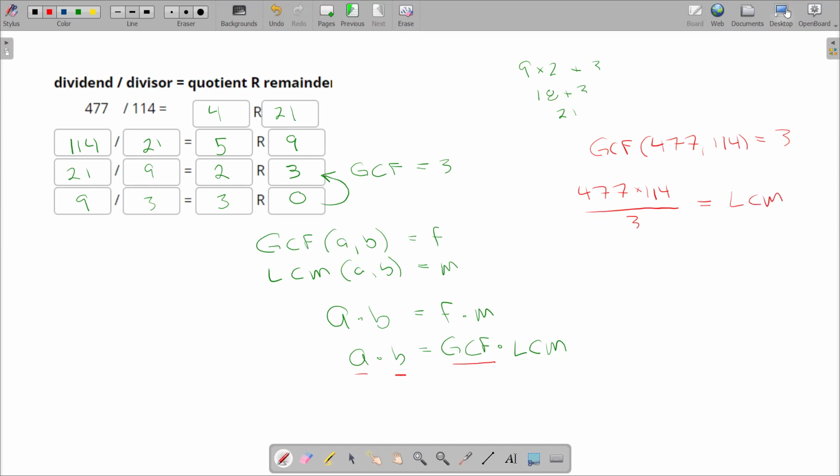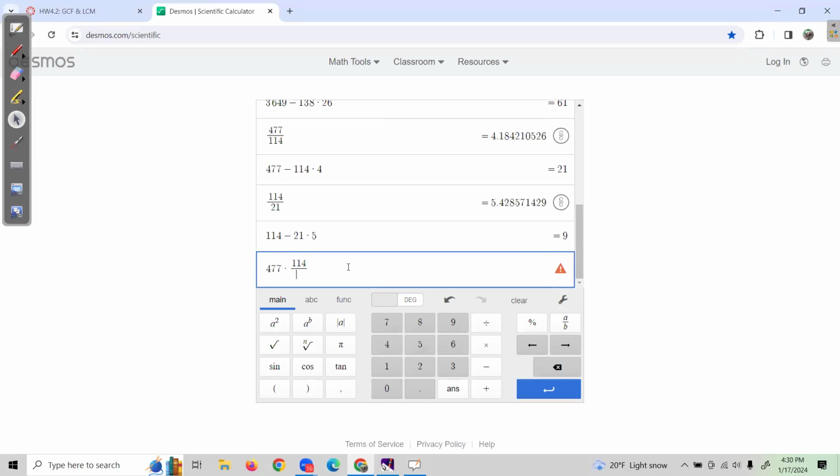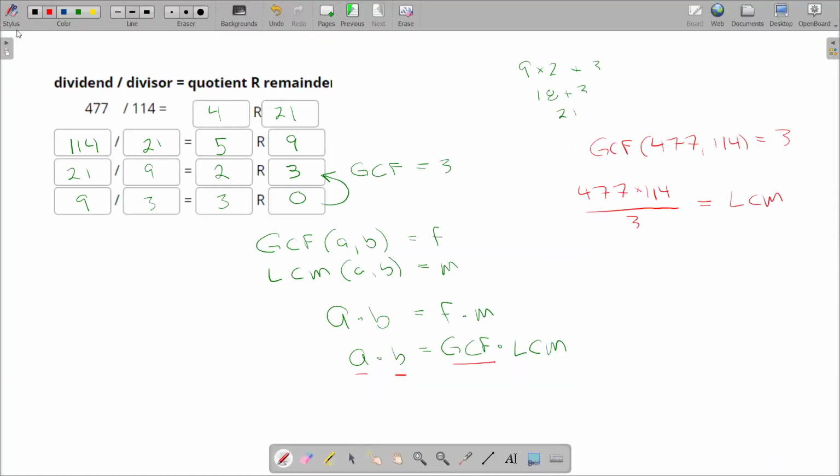So my claim is that, again, if I take 477 times 114, divide that by the greatest common factor, the result, a pretty big number, but that's what it says, 18,126, has to be the LCM.